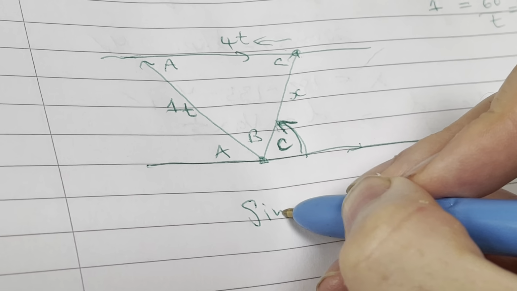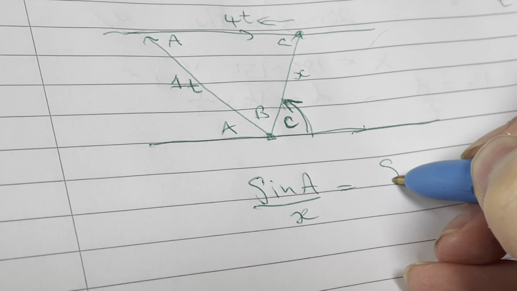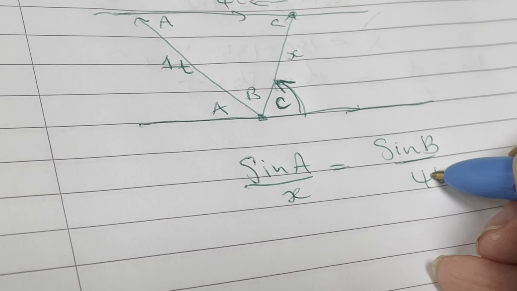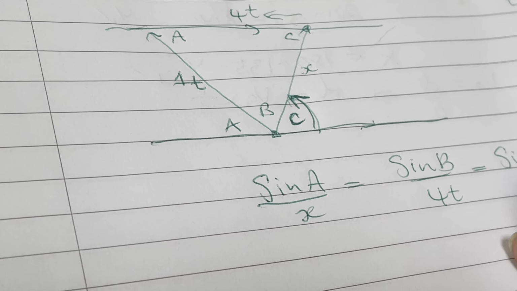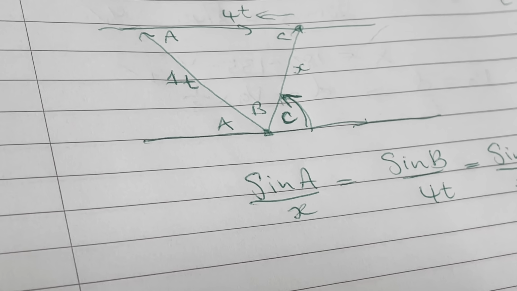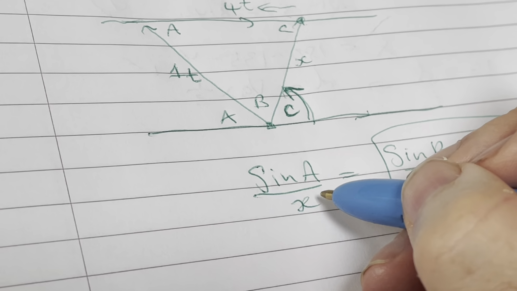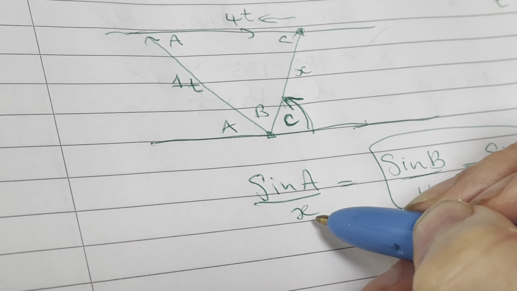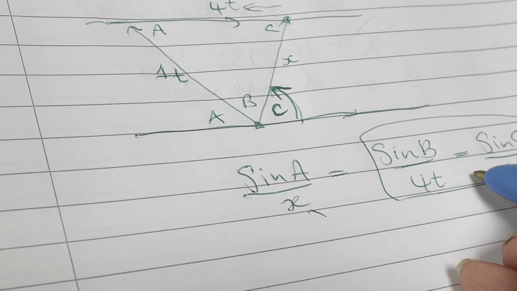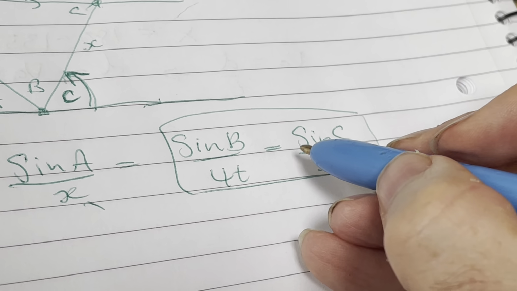Okay, so now sine A over its opposite, which is X, is equal to sine B over its opposite, which is 4t, equals sine C over its opposite, which is 1t. Okay, so let's have a look at this one. Now, we're not a huge fan of this because we don't know the angle or X yet. So let's not look at that yet. So this one looks a bit more promising. So which is the angle?